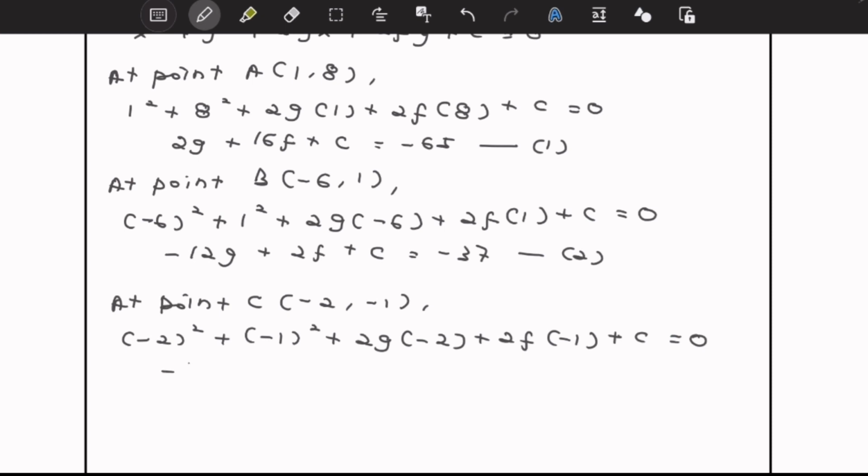So -4g - 2f + c = -5. So this is our third equation.